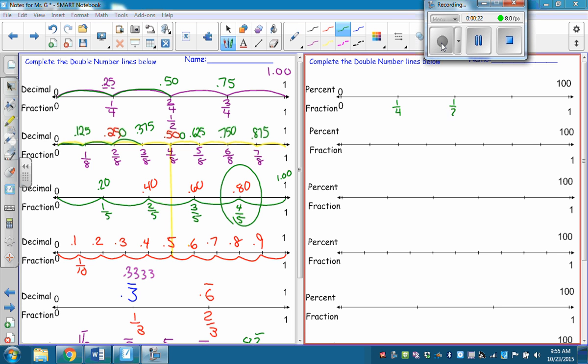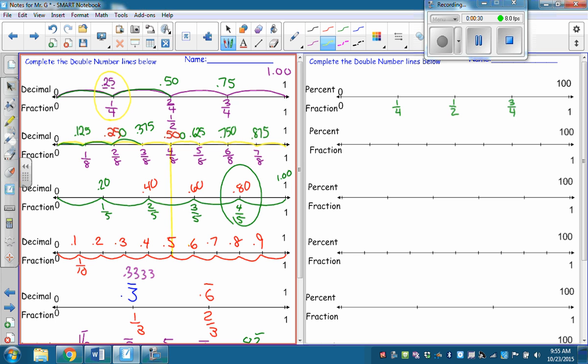1/4, 1/2, and 3/4. And when you look over here, we know that 1/4 is the same as the decimal 25 hundredths. And by saying that decimal and using our words in English, 25 hundredths, that means 25 per 100.